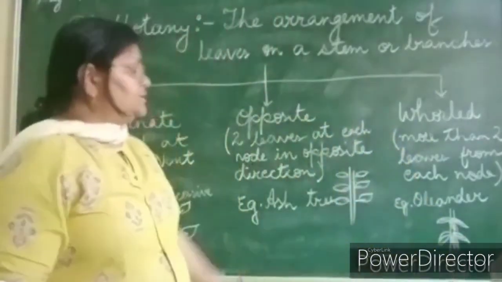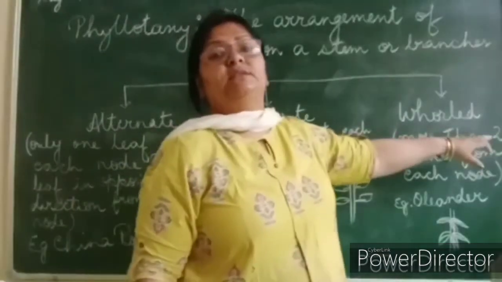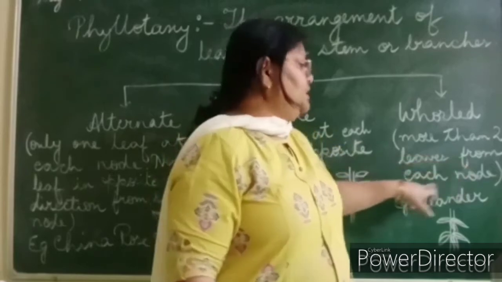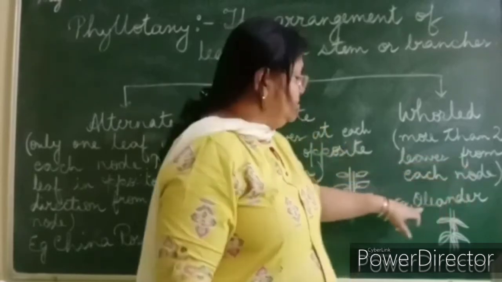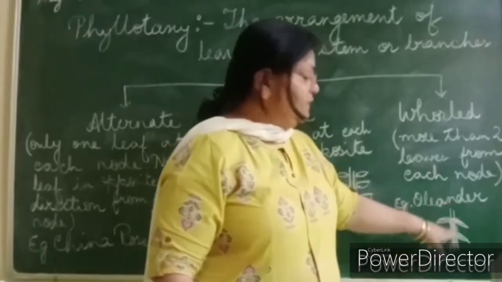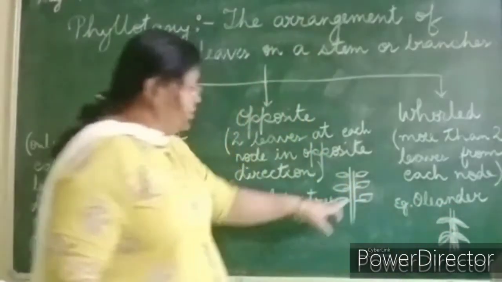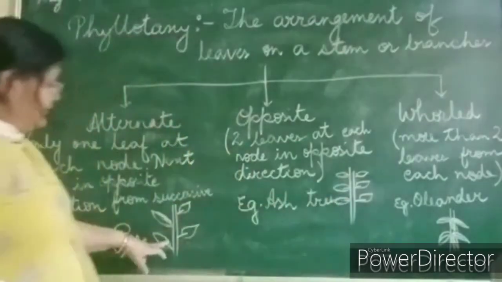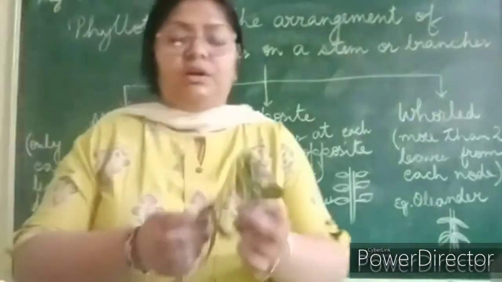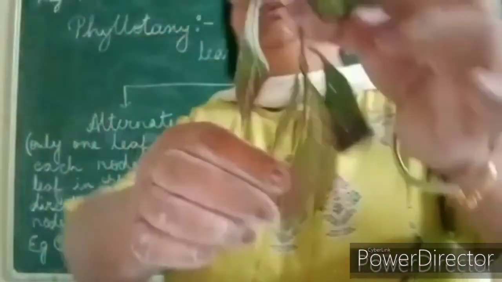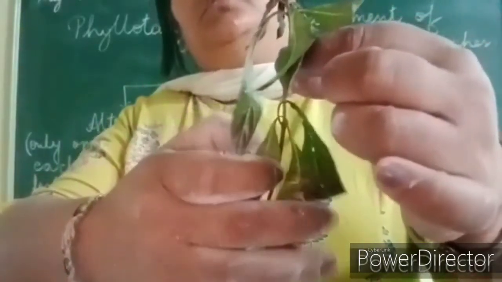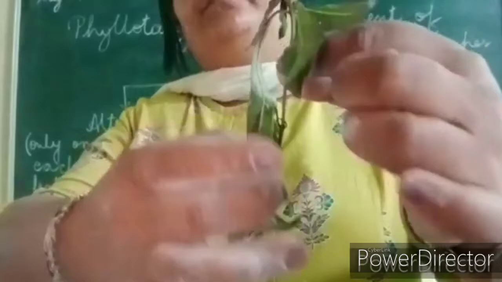Now coming to the next one, whorled phyllotaxy. Here we find more than two leaves from each node, for example in Cynarium or oleander. What have I drawn? I have drawn three leaves at each node. Here I have drawn two leaves at each node. Here I have drawn only one leaf and the other leaf in the opposite direction. Now to see the whorled phyllotaxy, if you see the node, how many leaves are there? 1, 2, 3.